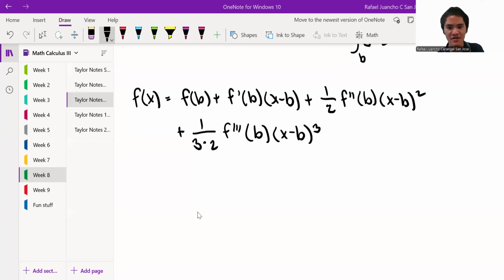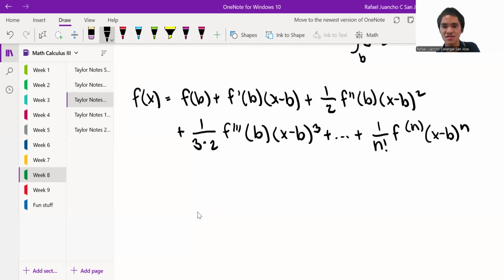And then my final thing, so I keep going. This is going to be 1/n factorial, right? So that's somewhere in the middle, n factorial. So this is f of n, nth derivative, x minus b to the nth, right? So that's that general pattern, and we keep going.